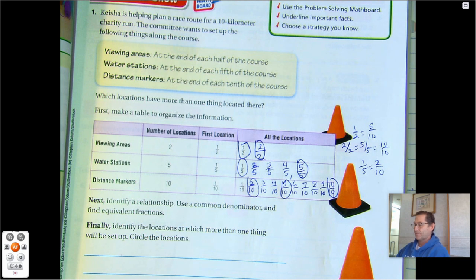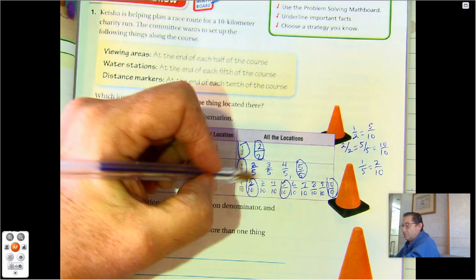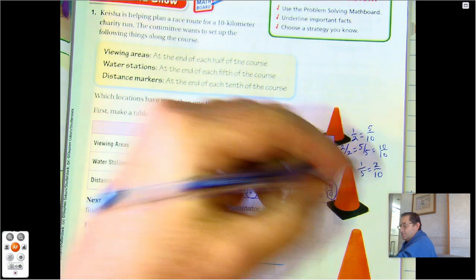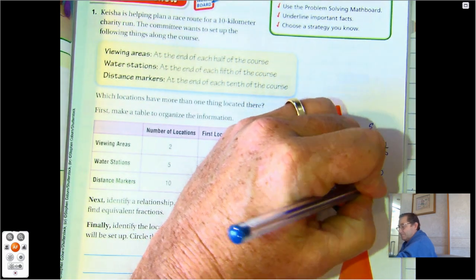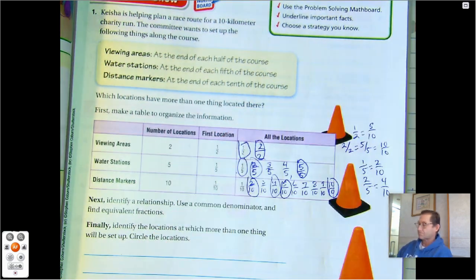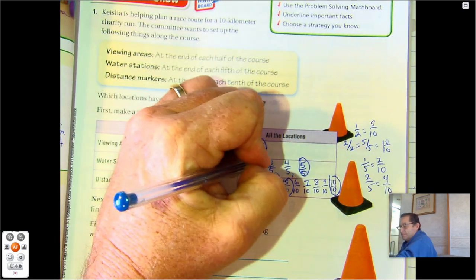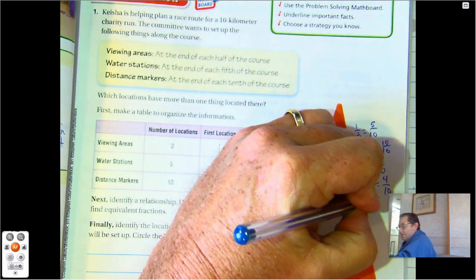If I multiply 2/5 by 2, I'd get 4 tenths. All right, so 2/5 is in common to 4/10. 3/5. If I multiply 3/5 by 2, I'd get 6/10. So 3/5 equals 6/10.